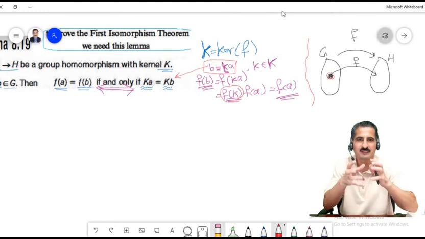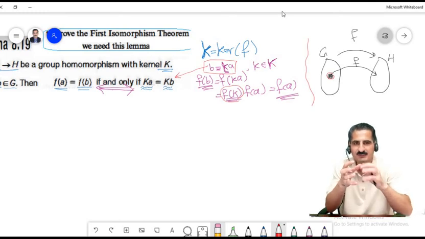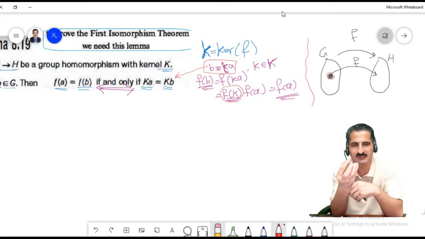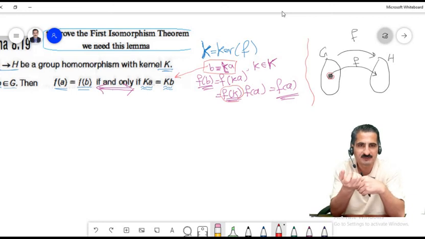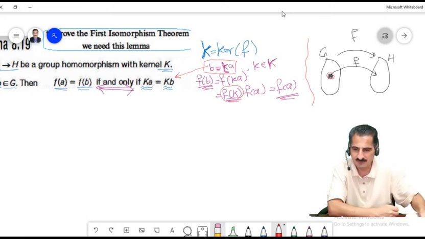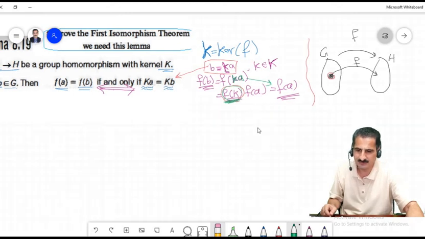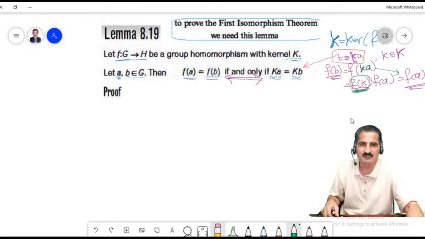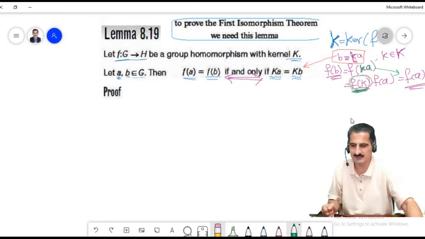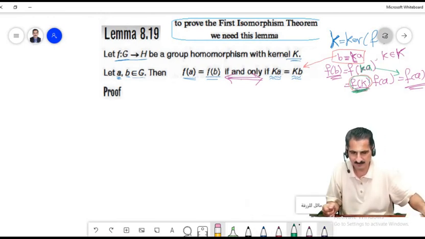It leaves a part which is not from the kernel, and then takes the image of that part. This is what happens when we take f of k times a. It cleaned k and left a itself. So I wanted you to think about this intuitively, and this is the idea on which we will construct the proof.